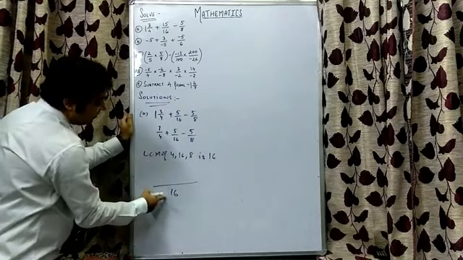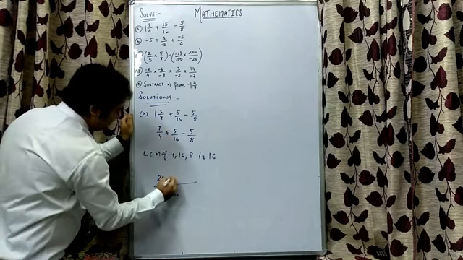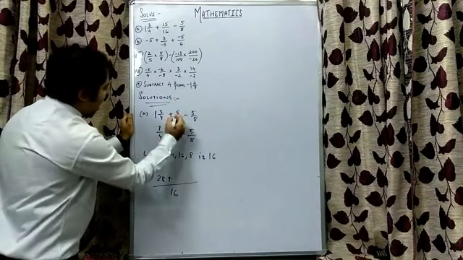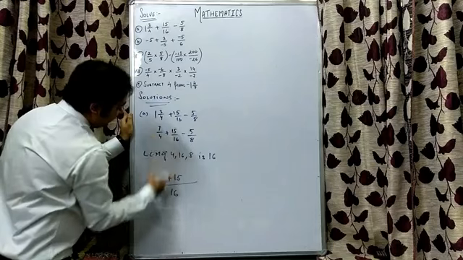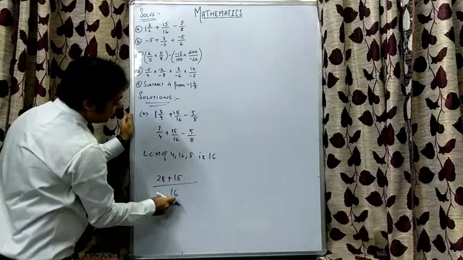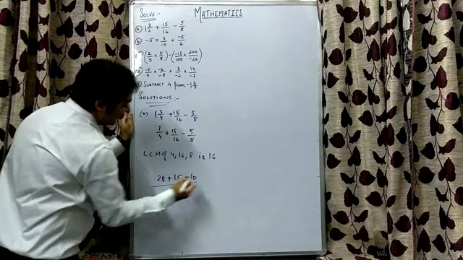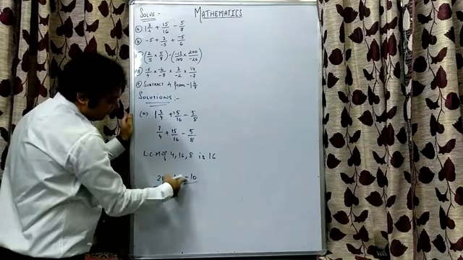4 goes into 16 4 times. 7 4s are 28 plus 16 goes into 16 one time. So actually it is 15, yes. So 15 into 1 is 15. 8 goes into 16 2 times. So minus 5 into 2 will give me minus 10. Now we have got plus and plus here, we have got minus here.